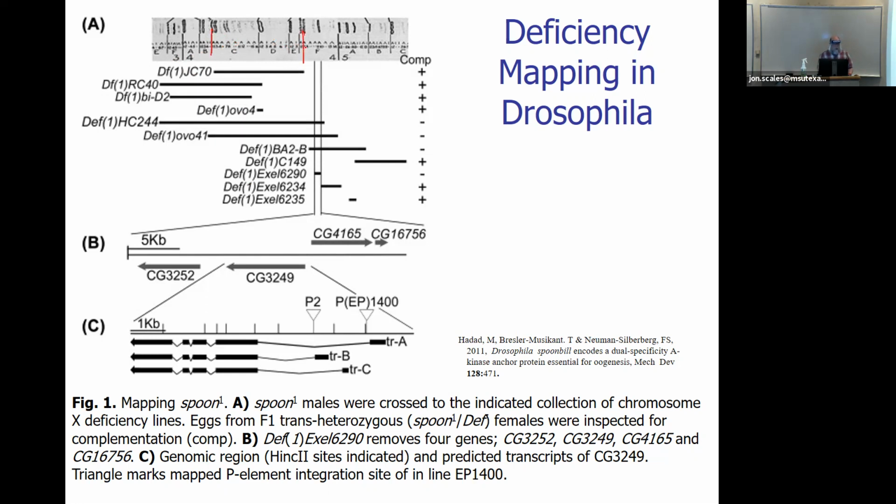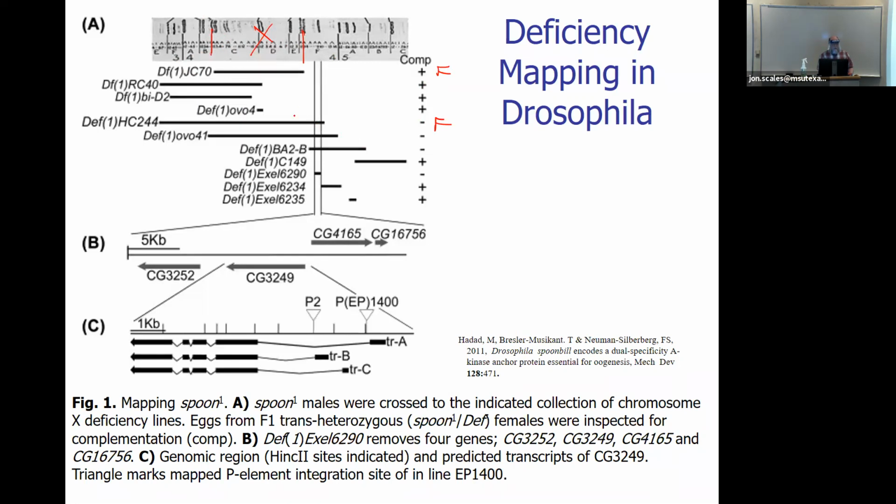Okay, it's gone. Your fruit fly has a mutation somewhere, and you mate them and you go, did it complement? Yes. So your gene is not in the same place. Your gene is not over here. Here's one that failed to complement.